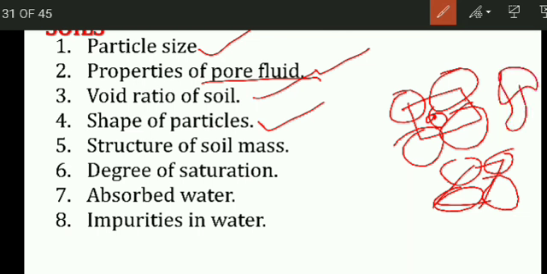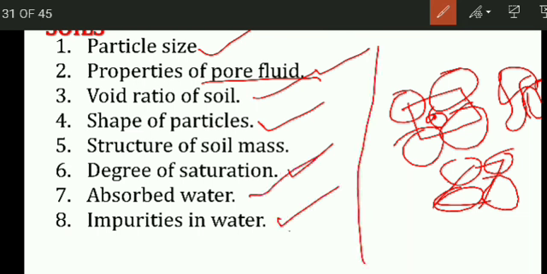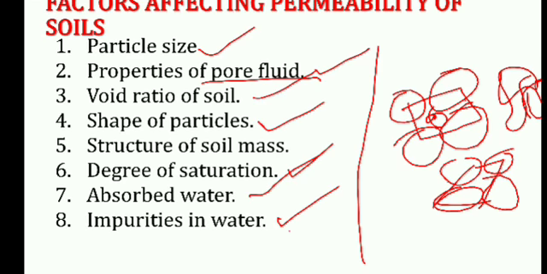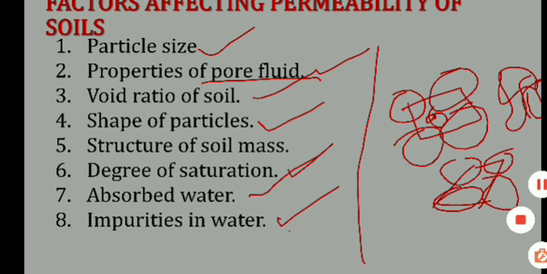If it is irregular angular fragments, the porosity will be less, and as a result permeability will also be less. Then the degree of saturation, how much water is present or absorbed water. Then impurities which are present in the water. All these are the factors which affect the permeability of the soil.